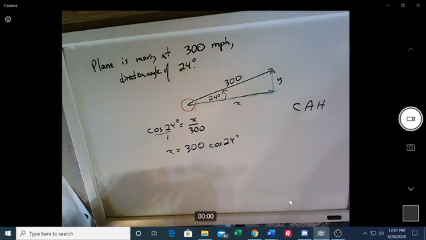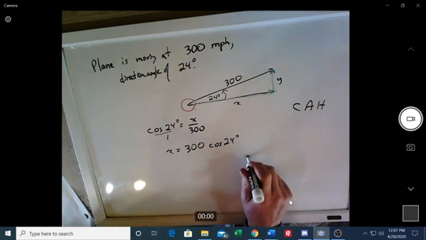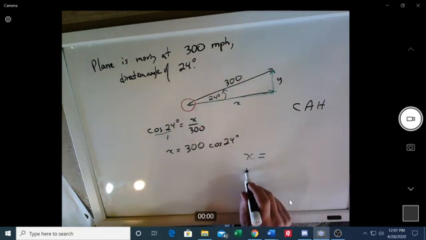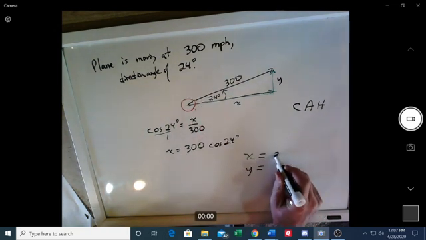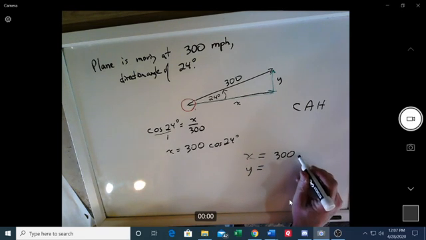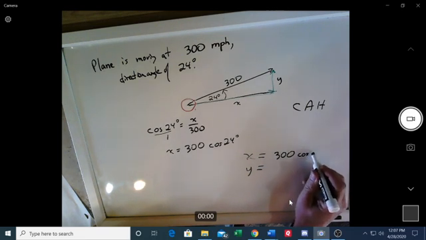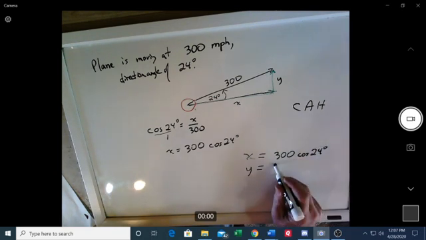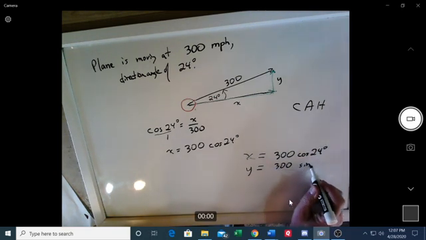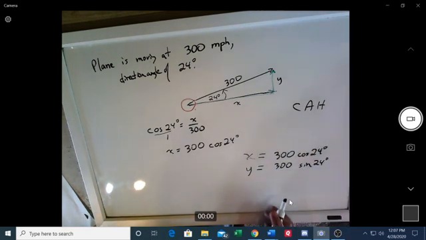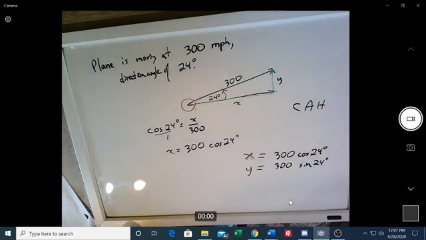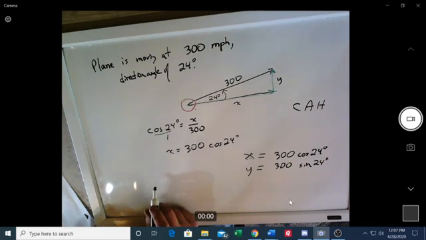So you can just look at that situation and say, the x is the cosine of 24, the y is the sine of 24, but you just stick this magnifying factor of 300 in. And there I've converted to the format that I want.